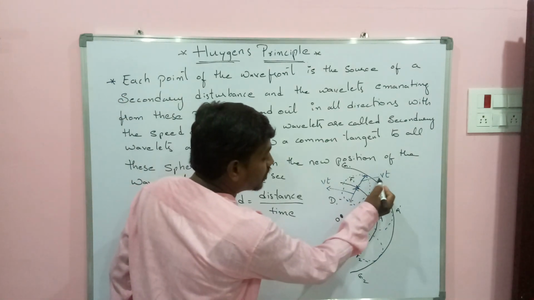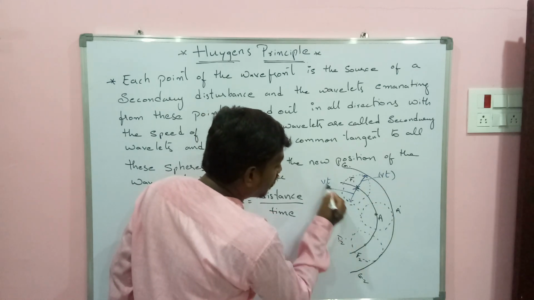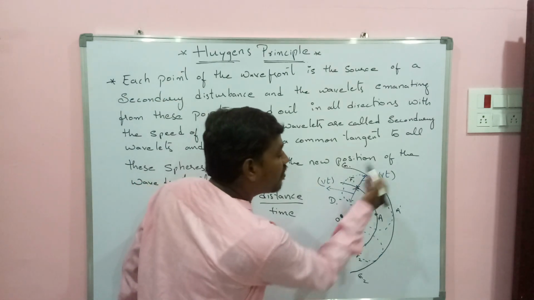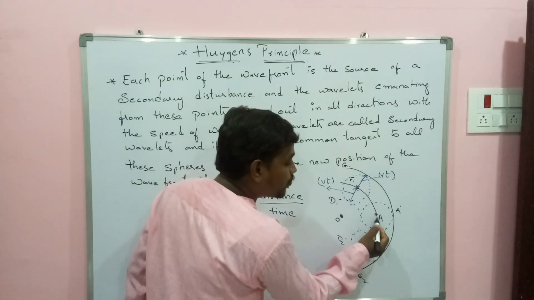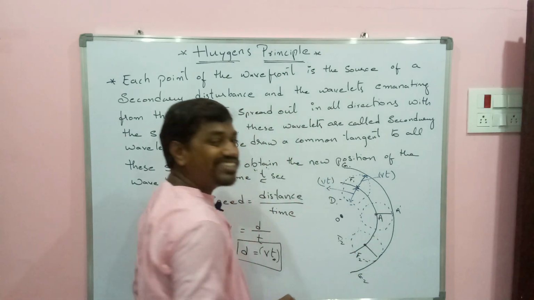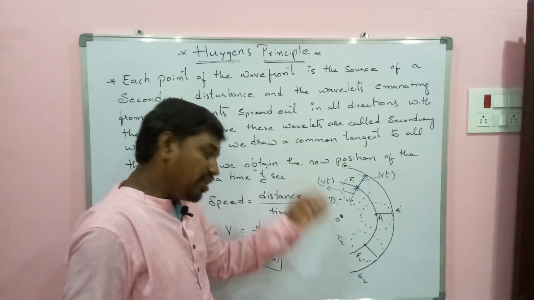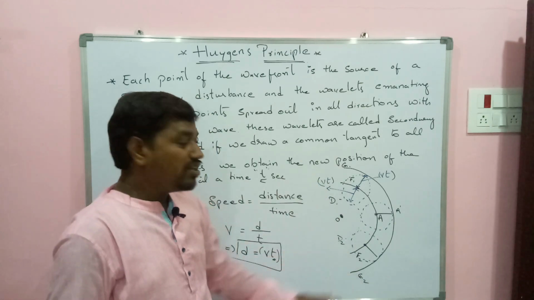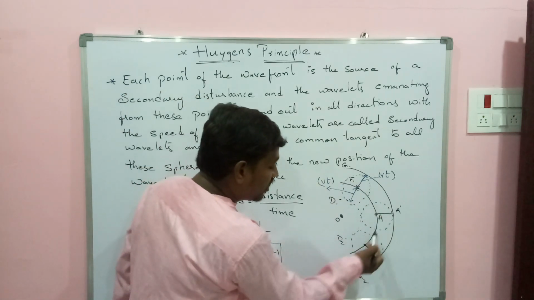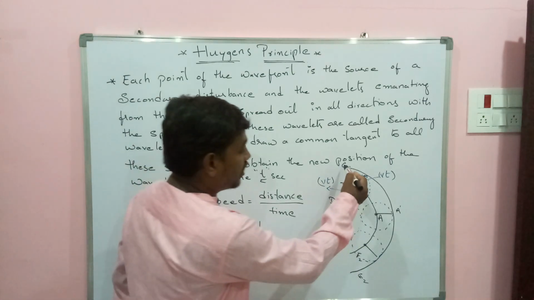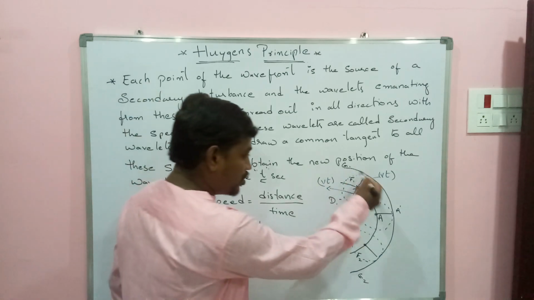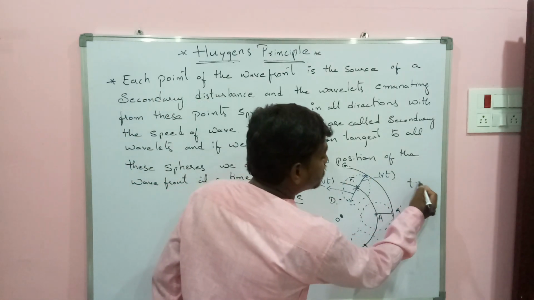Here I am demonstrating this vt. From this point the wave has traveled a distance vt, from this point also vt, and from this point also vt. Because it is the same wave, the velocity is common and the time is also common, so we get equal distances. These spheres are of the same radii, and the tangent drawn here will be the second position, or the position of your wavefront after time t seconds.